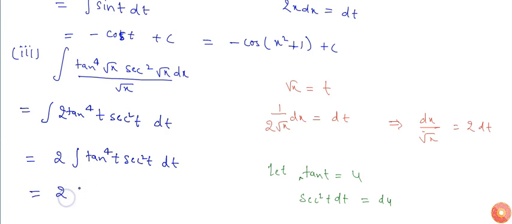So it will be 2 times the integration of u to the power 4 du. So I can find the integration of u power 4 du, so it will be u power 5 divided by 5 plus c.